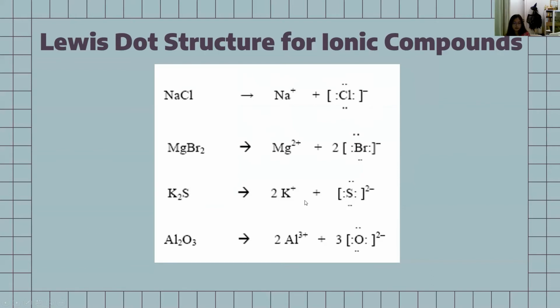As well as this, you don't mind the number here in front of bromine. And then next also K2S. K's charge is +1, and then S is -2, and so if you cross multiply it becomes K2S. Same as well goes to Al2O3.